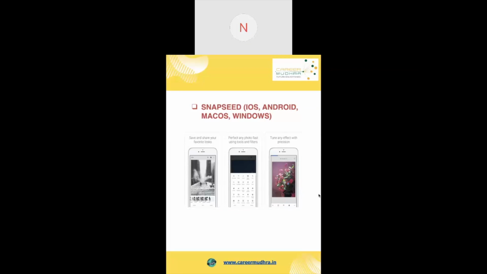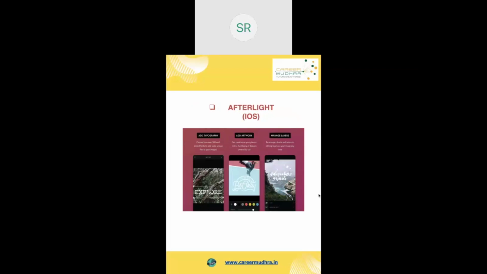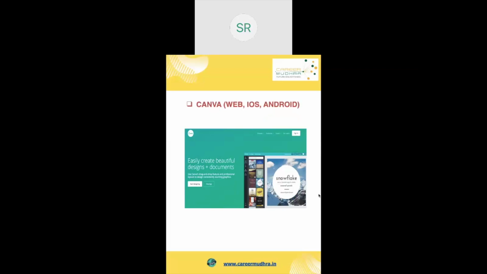Snapseed is one of the famous applications for creating stories or Instagram photos. Afterlight is an iOS application. Canva is for both iOS and Android, and most of the digital marketers in the world are using only the Canva application, maybe paid version or free version. It's up to them.